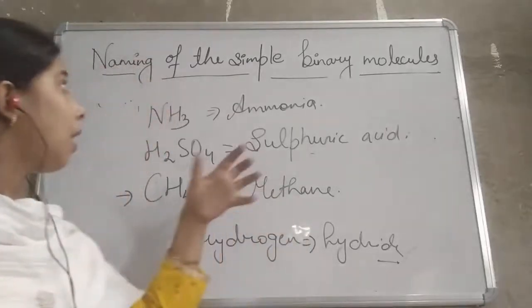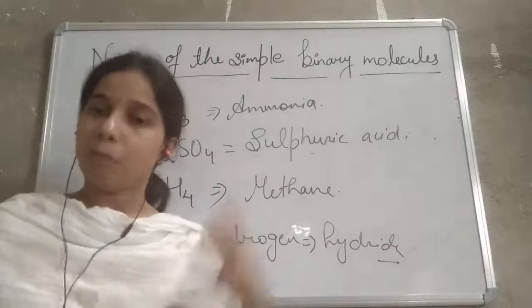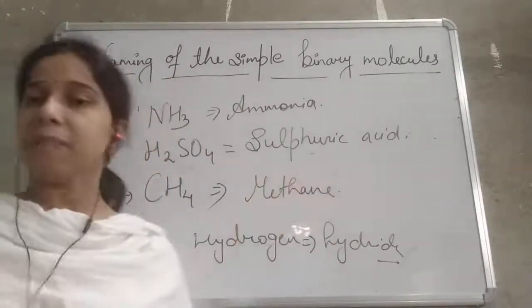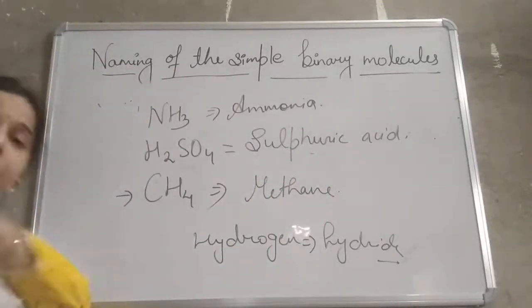So these are some of the molecules, and there are some rules that we have studied for how to give the name of these simple binary molecules. Now this is the case for a simple binary molecule, students.